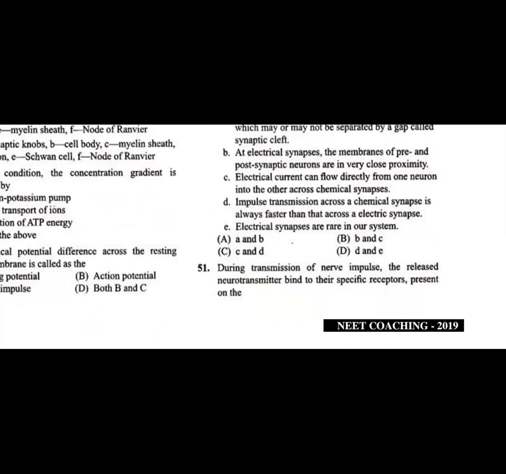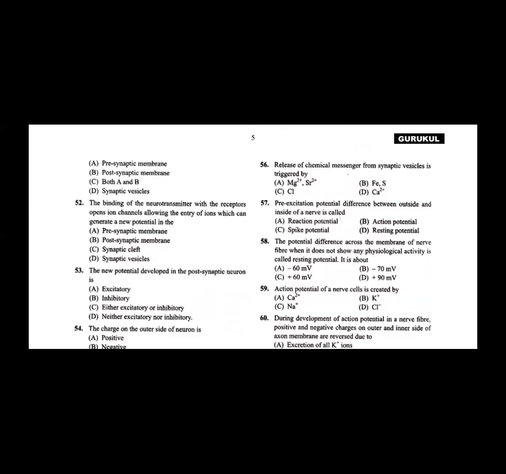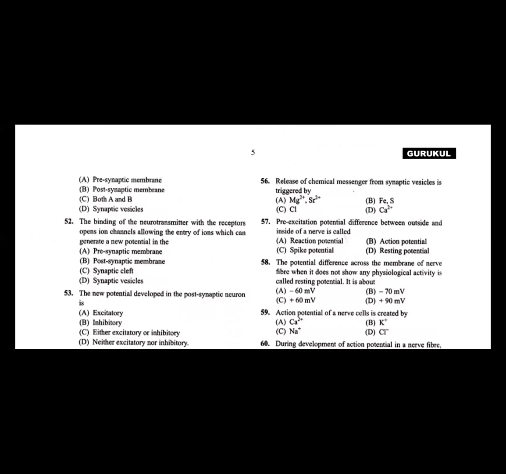Now, question number 51. During transmission of neuroimpulse, the released neurotransmitter binds to their specific receptor present on the... You know that the electrical impulse is transferred on a single neuron from the dendrite to cell body to axon, axon to axon terminals. From the axon terminal, at the knob, the synaptic vesicles rupture and release the neurotransmitters.